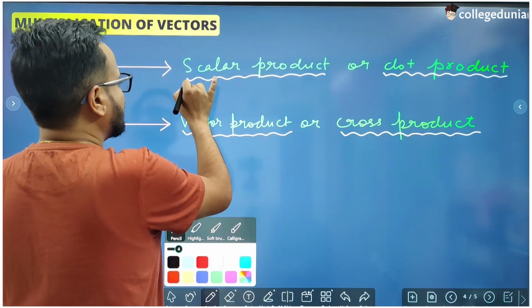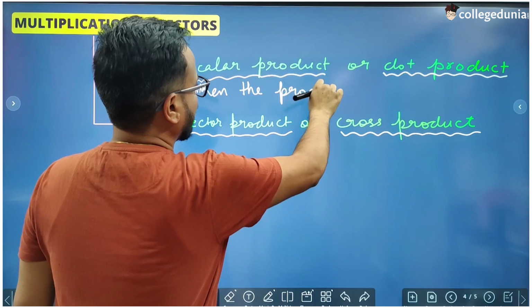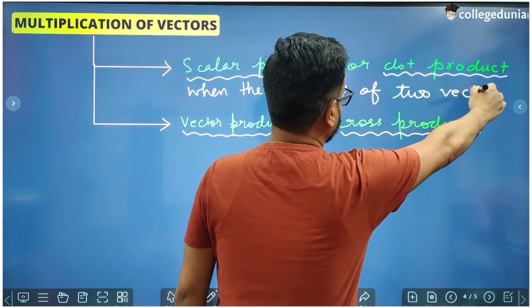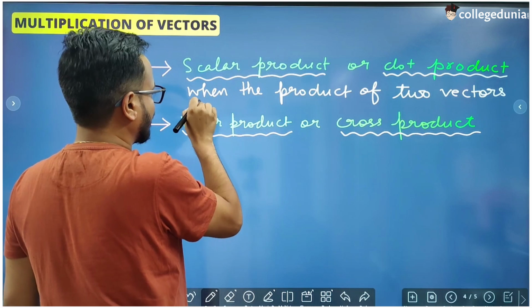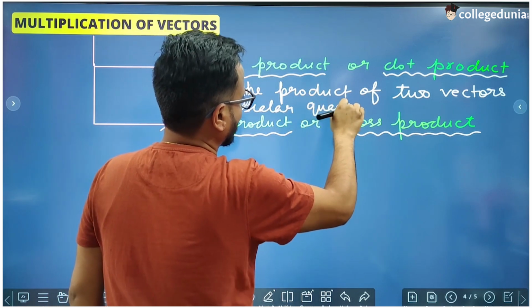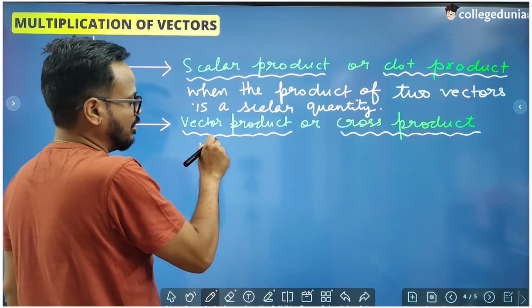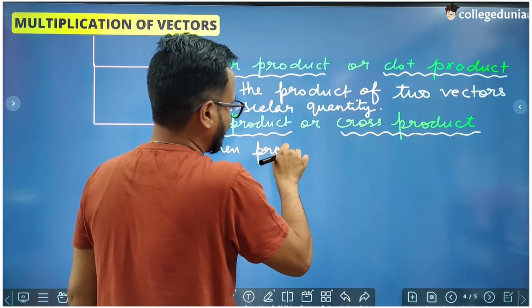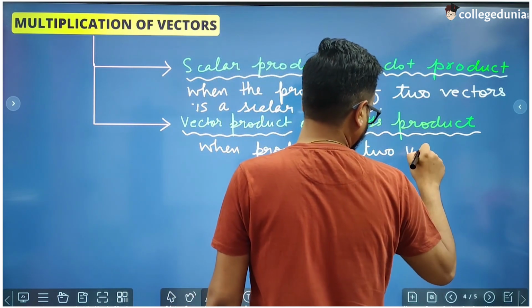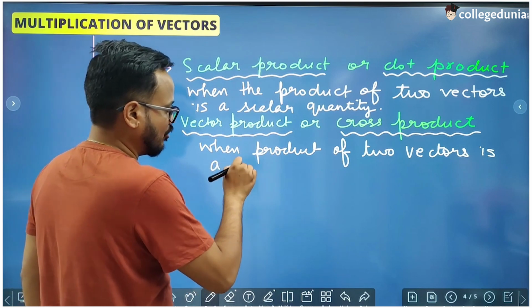So scalar product is when the product of two vectors is a scalar quantity, and vector product or cross product is when the product of two vectors is a vector quantity.